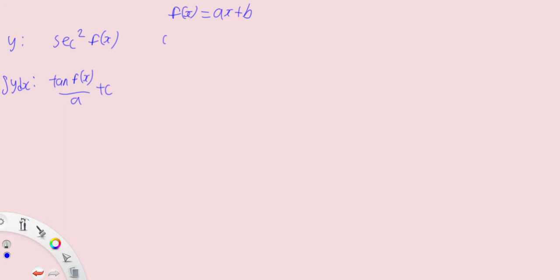We will have tangent square f(x), which will simply be 1 over a tangent f(x) minus x. So this is unaffected by the 1 over a because we're integrating a constant, as you remember from just now.